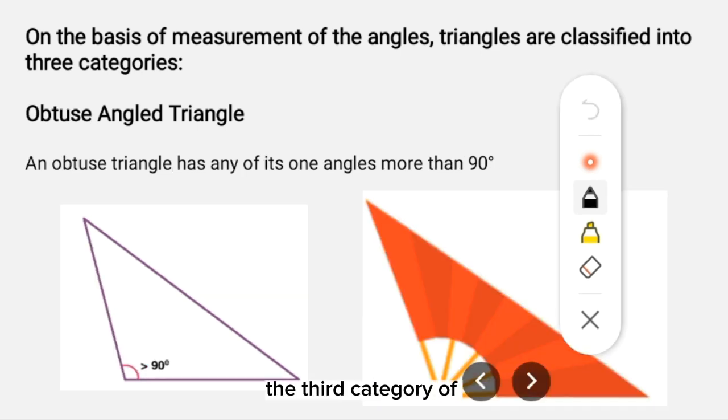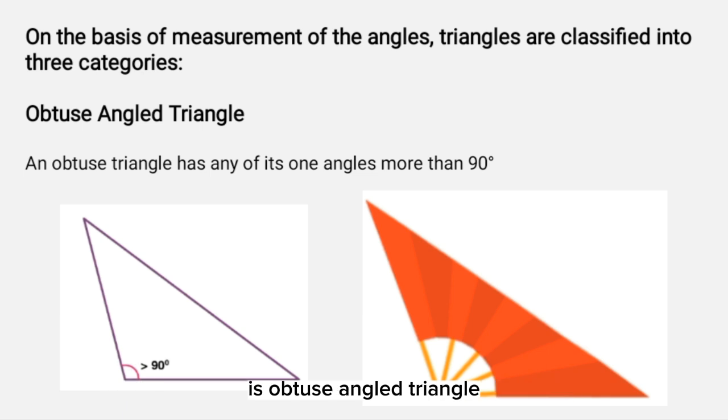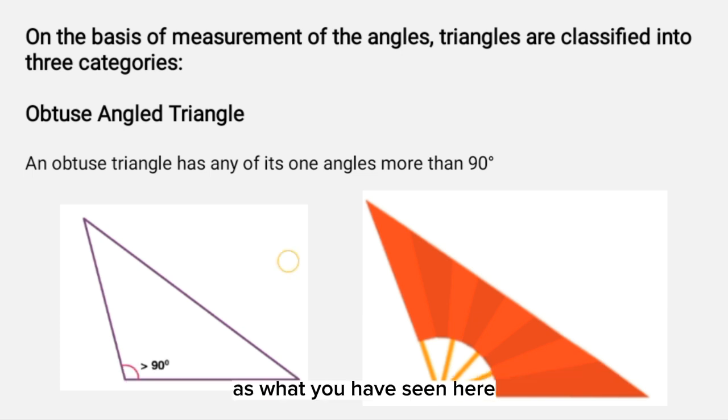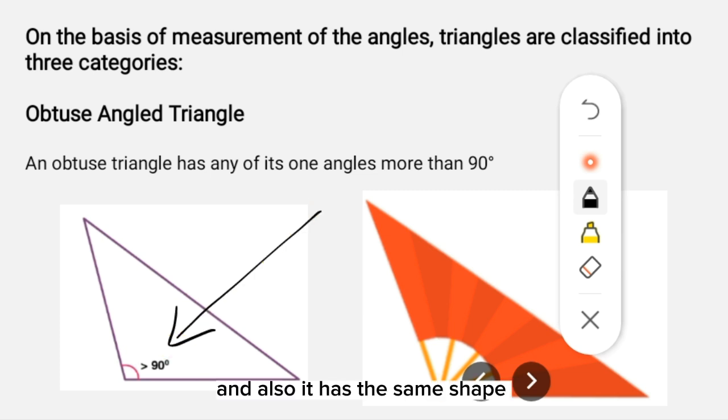Lastly, the third category on the basis of measurement of the angles of a triangle is the obtuse angled triangle. An obtuse triangle has one of its angles more than 90 degrees. As you have seen here, it is more than 90 degrees, and also it has the same shape.